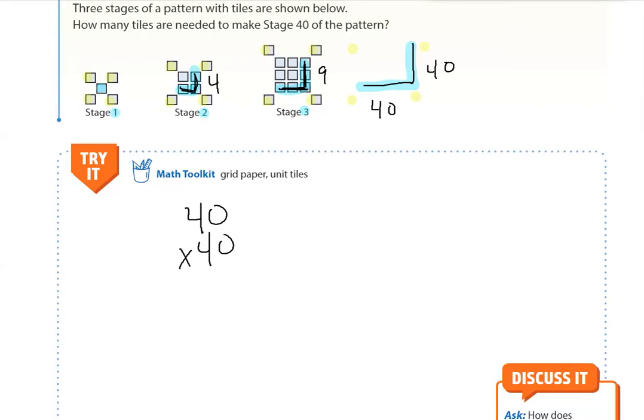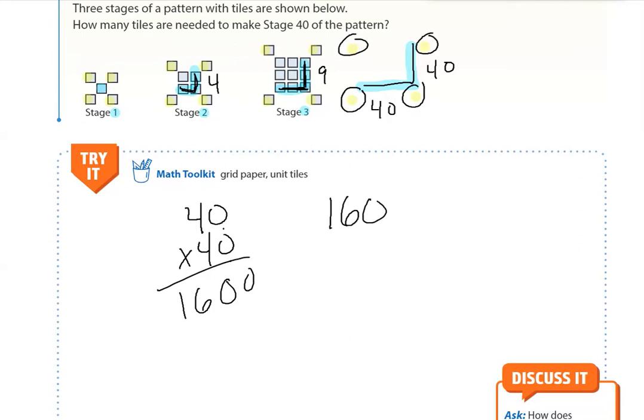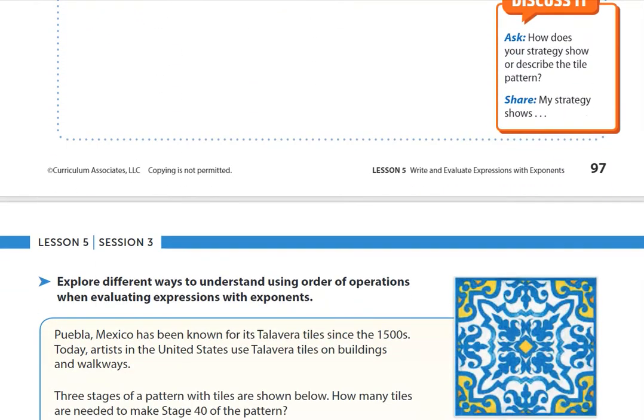Oop, that's messy. There we go. And that's going to be 16 with 2 zeros behind it, 1600. But we cannot forget our 4 corners. So we have 1604. That's how many tiles will be on stage 40 of that pattern. That's a lot of tiles.